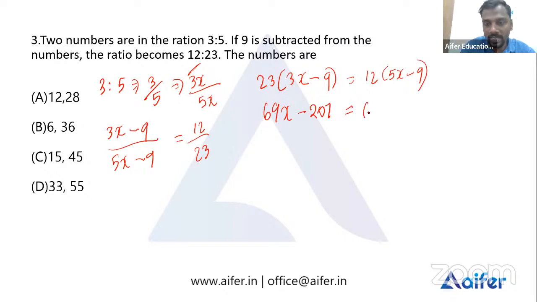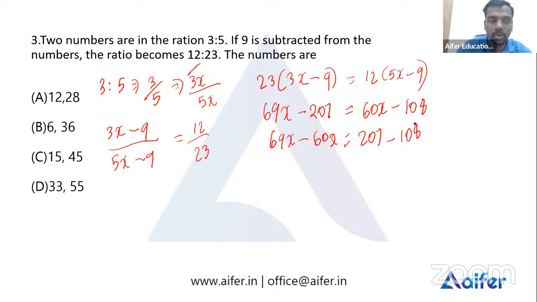Equals 12 into 5x, 60x, minus 12 into 9, 108. We'll be rearranging the x and the numbers to two different sides. We have 69x minus 60x is equal to 207 minus 108.